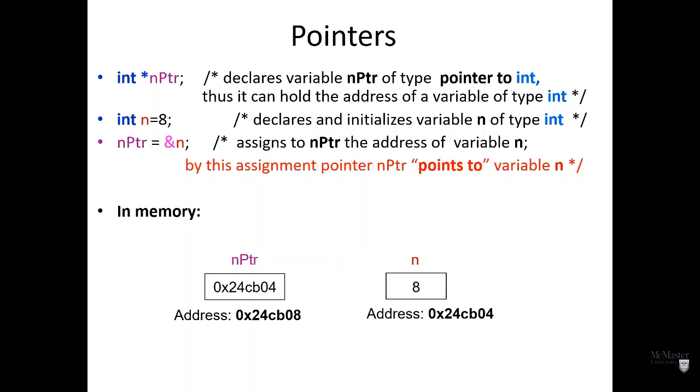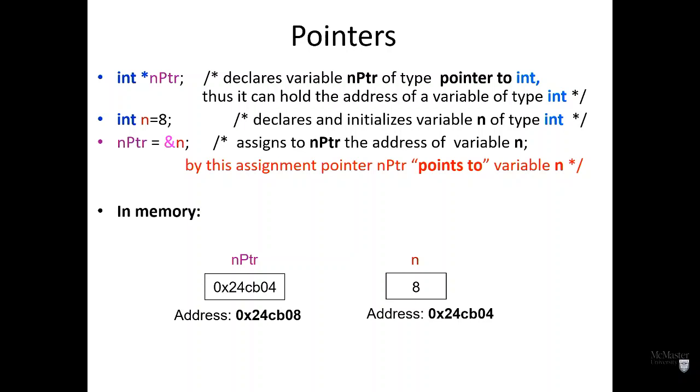This is the address of a variable, but this is the address of the pointer itself. And this means that I can have a pointer to a pointer, right? Does this make sense? Because a pointer is nothing other than a variable that has an address. This address I can point to by anything else, right?